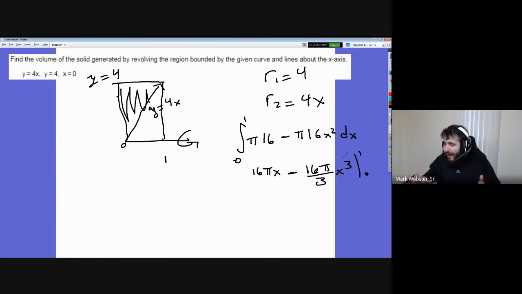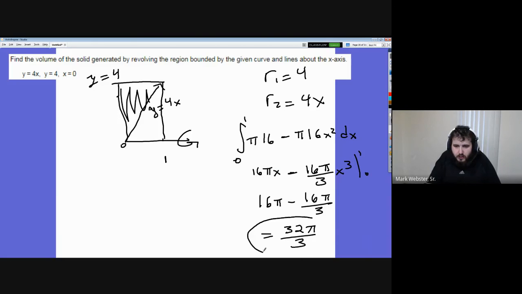Once again, hooray, 0 is our best friend in this case, because I don't want to have to do all that any more than I have to. But when we plug in 1, we get 16 pi minus 16 pi thirds. So this ends up being 32 pi over 3 units cubed. Hooray! Simple. Don't overthink.